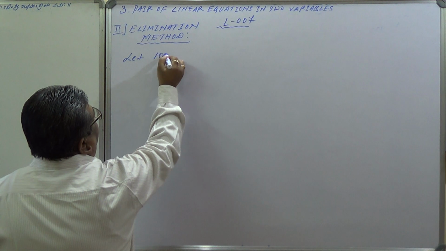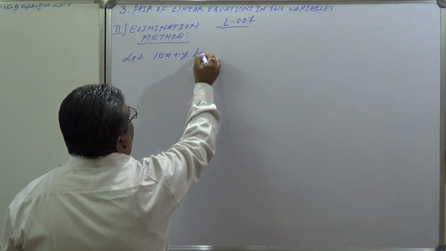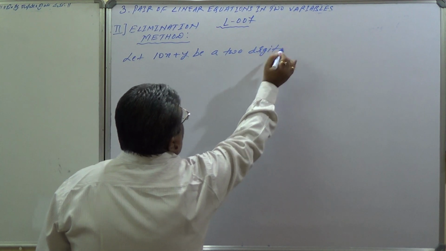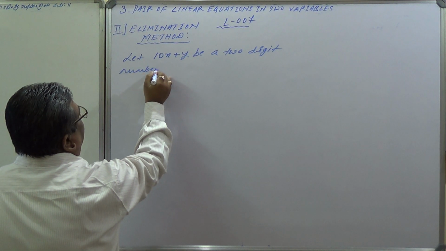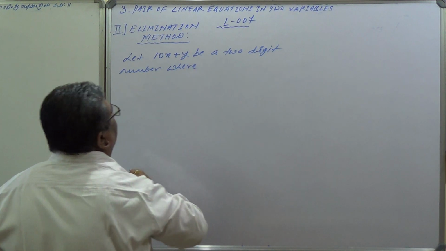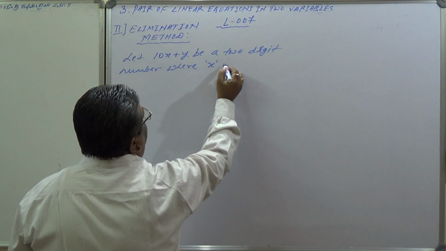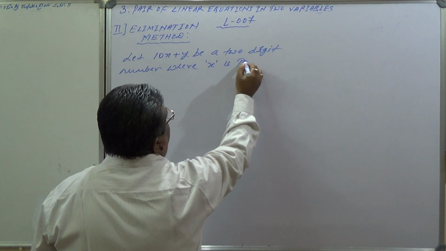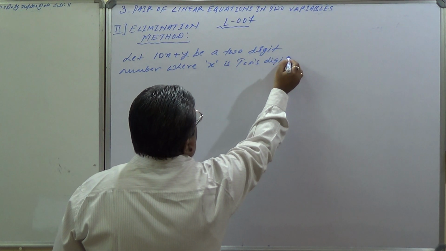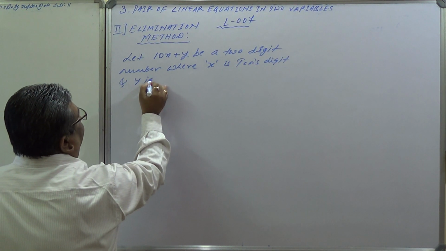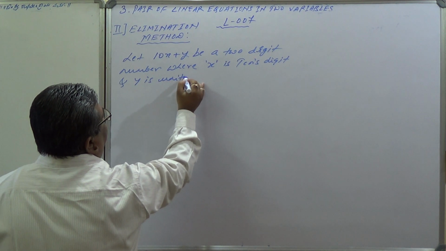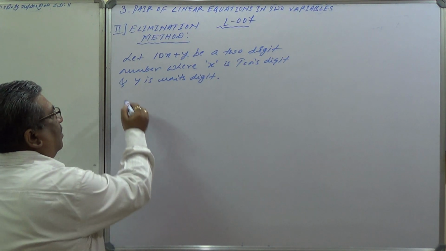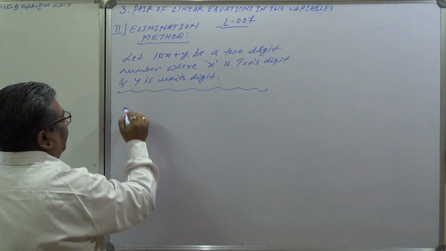Let 10x plus y be a 2-digit number where x is tens digit and y is units digit. One way of writing is like this, or the other way of writing can be like this.